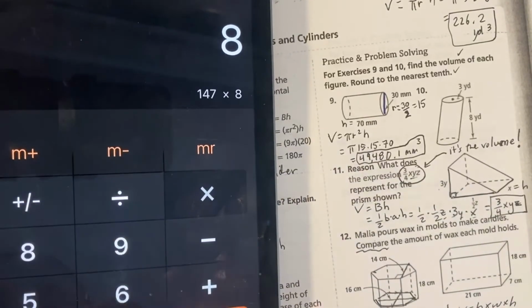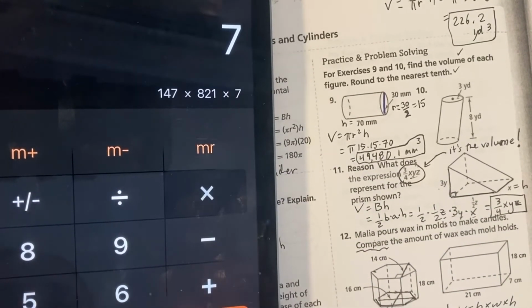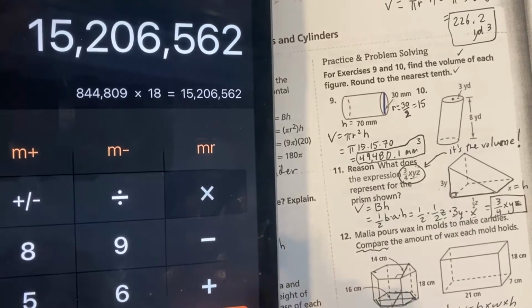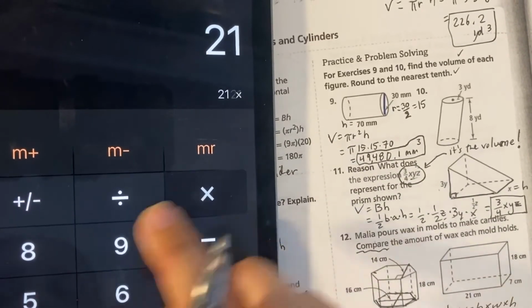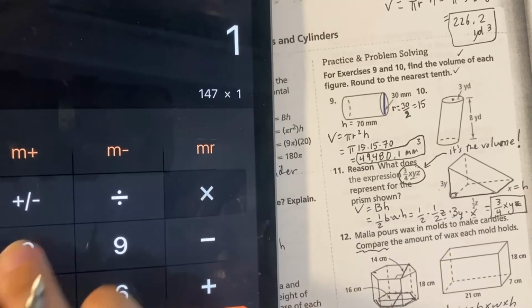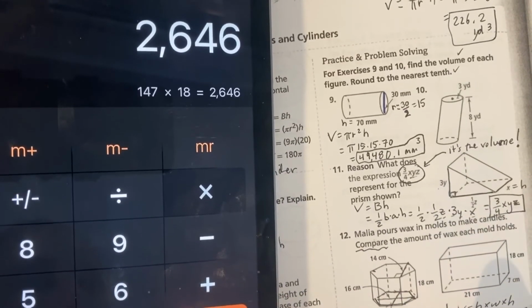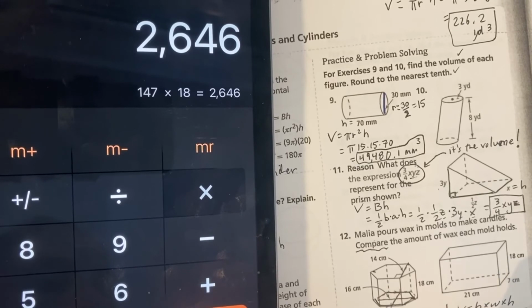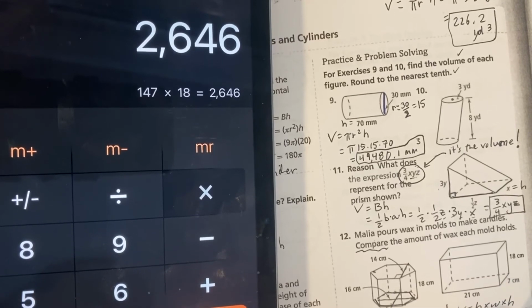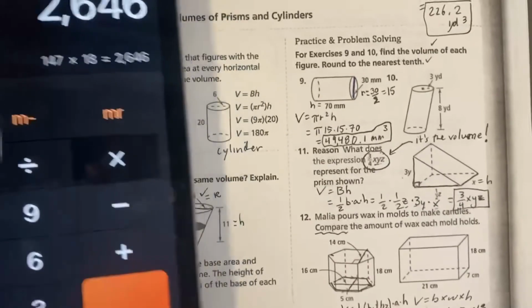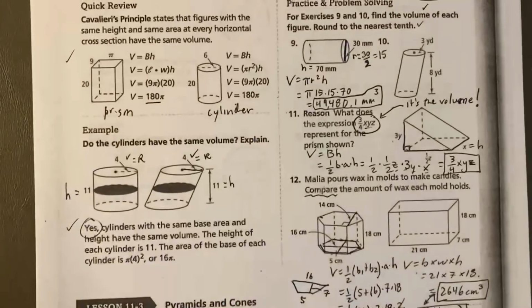Ooh, did that wrong. Third time's the charm. Okay, 2646. Interesting, they're exactly the same. So even though they're a different shape, they are made up of the same amount of space.